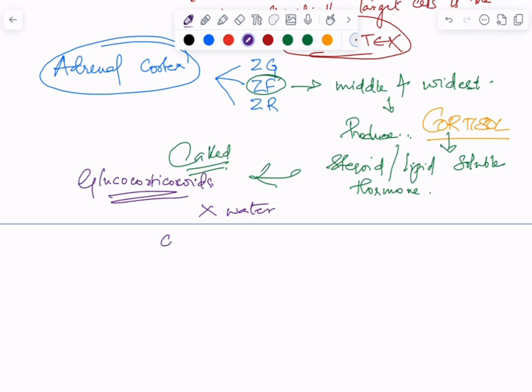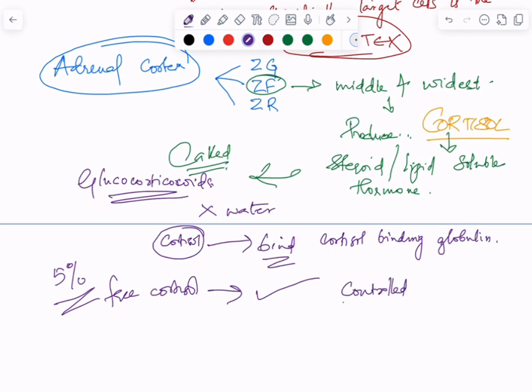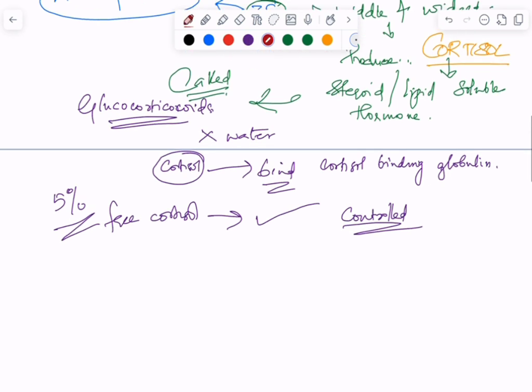Since cortisol is not water soluble, in the blood it is bound to a special carrier protein called cortisol binding globulin. 95% travels like this, and only 5% is unbound or free cortisol, which is biologically active, and its level is carefully controlled. It's not uncontrolled, it's controlled.